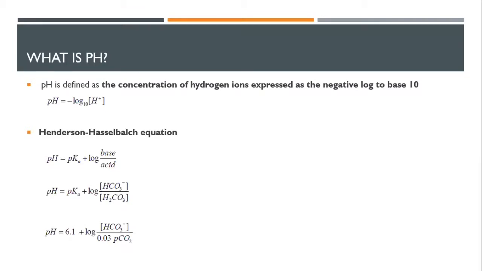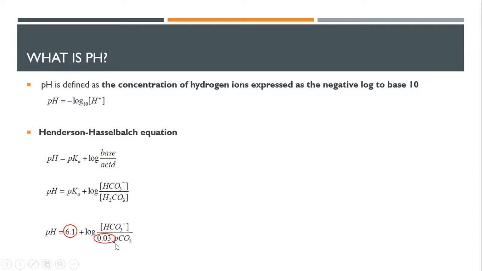And if we plug in the bicarbonate system into this equation, we get the bottom equation, which is pH equals 6.1 plus log of bicarb over 0.03 times PCO2, where 6.1 is your pKa of your bicarbonate buffer system, and 0.03 is your coefficient to determine what the dissolved amount of carbon dioxide is in blood.